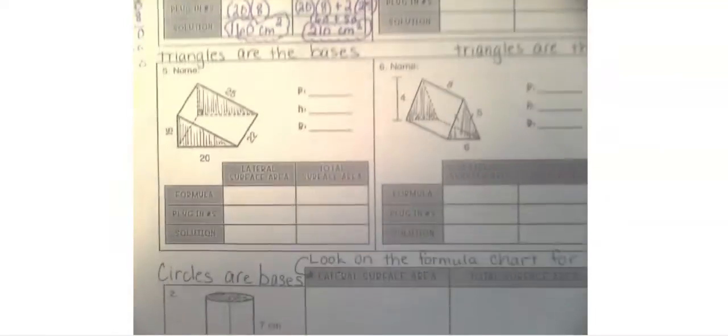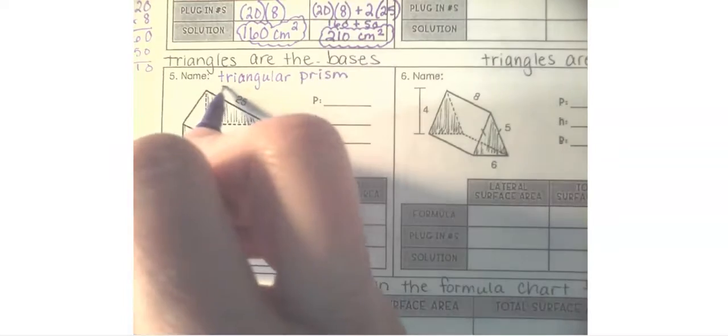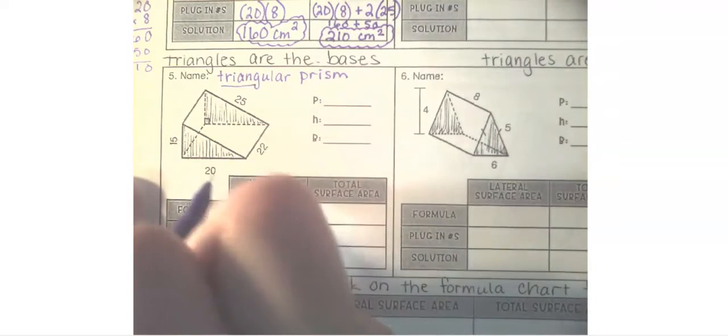Here you go. All right, now we have our next shape. It's a triangular prism. Its name has the shape of the base in it. The base of this is a triangle. There are 2 bases, okay?